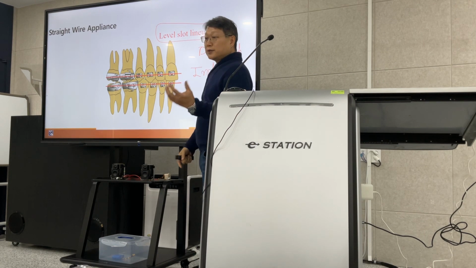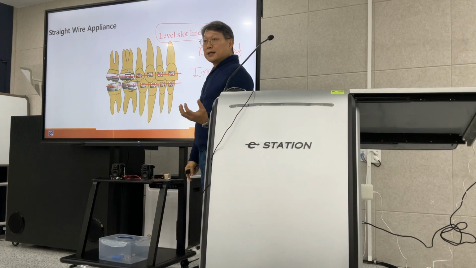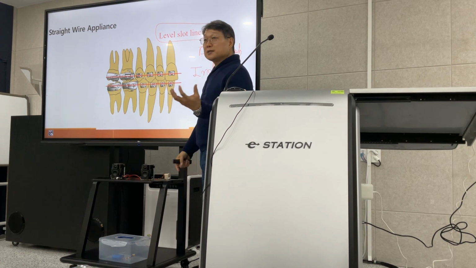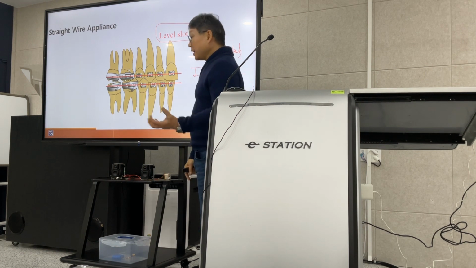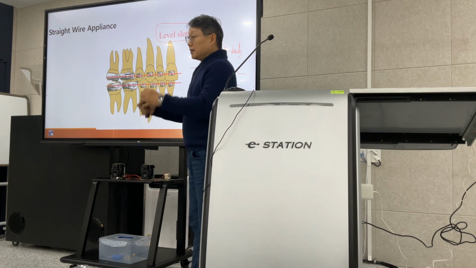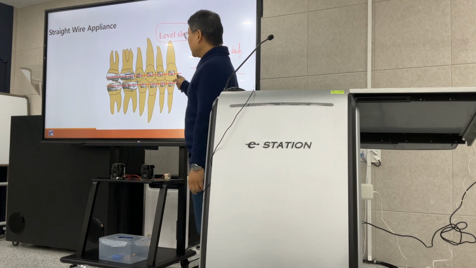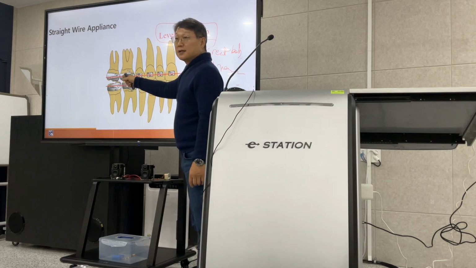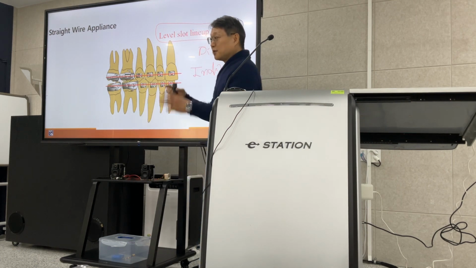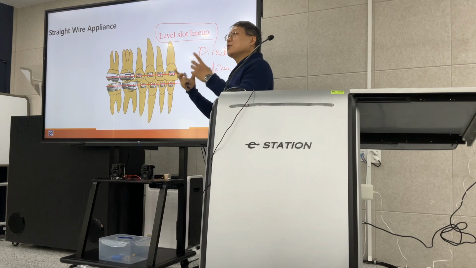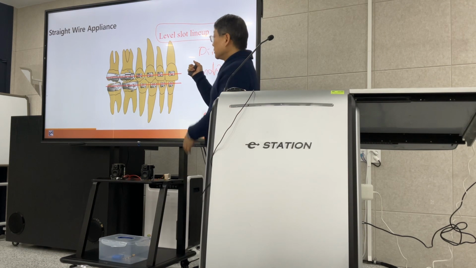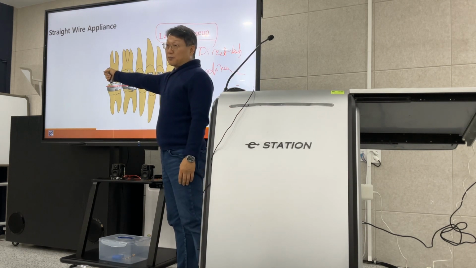That means when you take the impression of the patient and make a mold, some carriers, you can make it. And on the model cast of the patient, you can locate it easily, not in the patient's mouth. The patients have to wait a long time to locate the bracket.